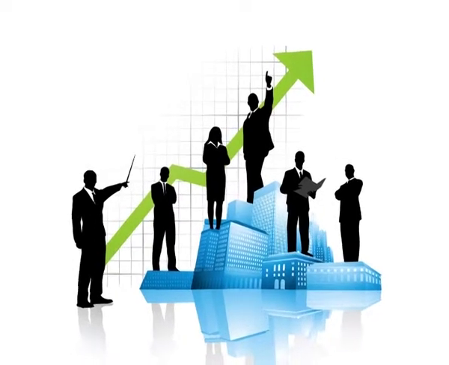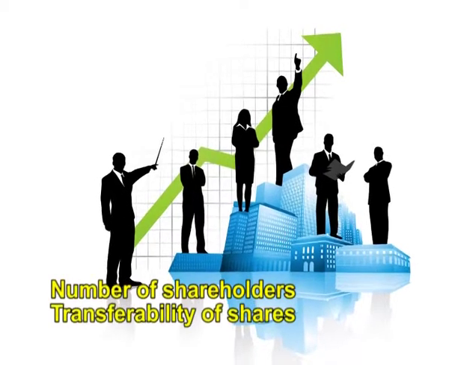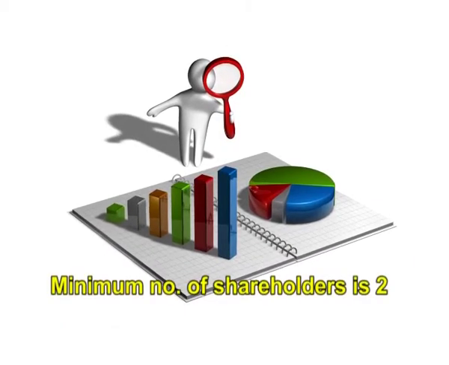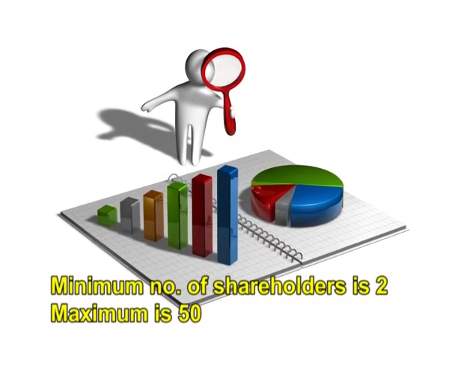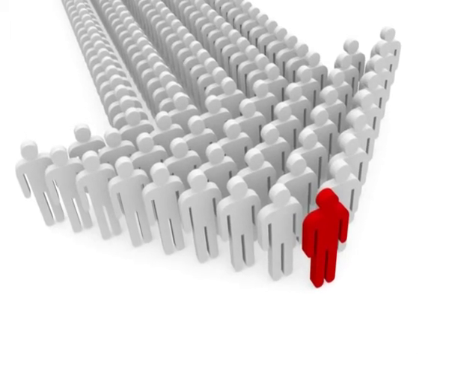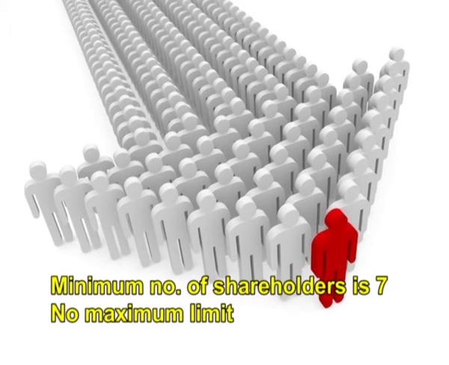The difference between private and public limited companies is in the number of shareholders and transferability of shares. In private limited companies, the minimum number of shareholders is 2 and maximum is 50, excluding the past and the present employees who hold the shares. Whereas in public limited companies, the minimum number of shareholders is 7 and there is no maximum limit.